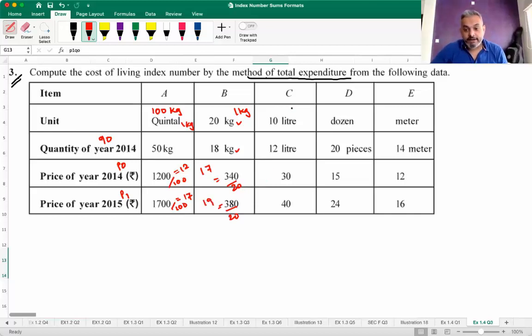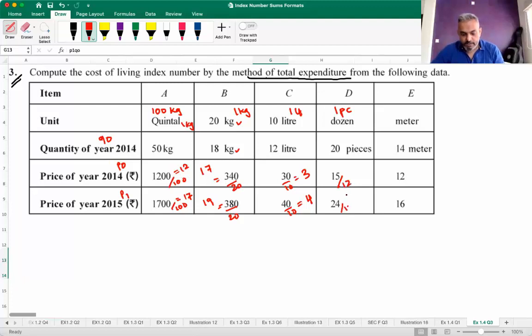Then item C, 10 liter price is 30. So we convert it into 1 liter. This will be divided by 10, which is equal to 3, divided by 10, which is equal to 4. Then dozen and piece. So 1 dozen is 12 piece. So we convert it to 1 piece, and this price divide by 12.